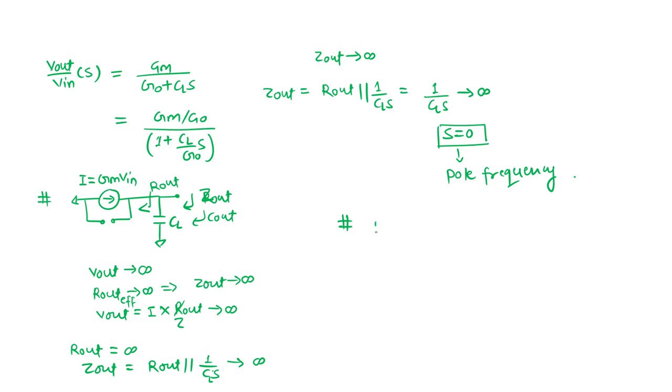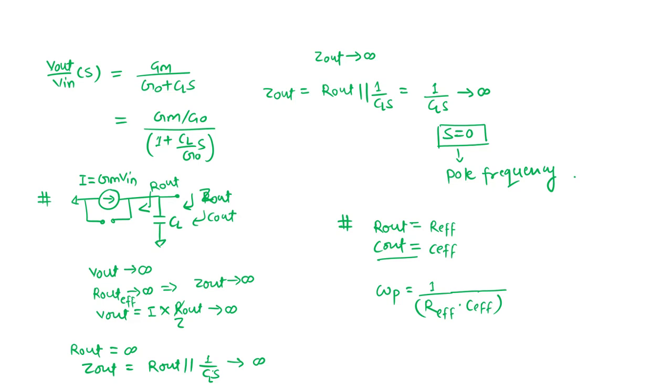Directly you can write R out at a particular node and C out at that particular node, and the pole frequency will be 1 upon R effective, better to say R out, or at any general node R effective at that node, and C effective. So I can write R effective times C effective.